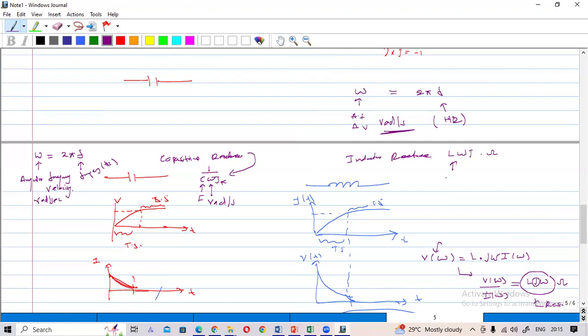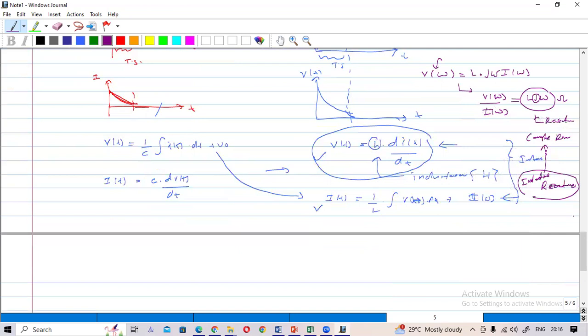This L is measured in Henry, and this omega is measured in radian per second. This is J. So the total value is measured in ohm, Henry into radian per second. So this is the capacitive reactance, and this is the inductive reactance. So that is what you need to know.